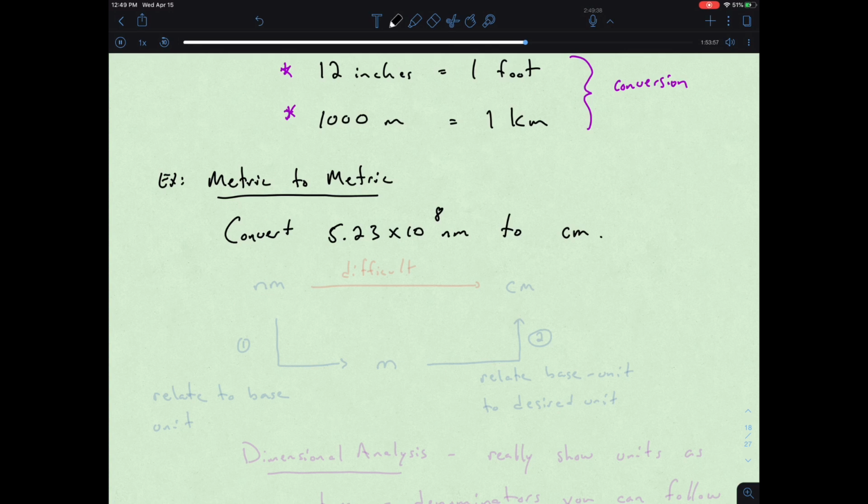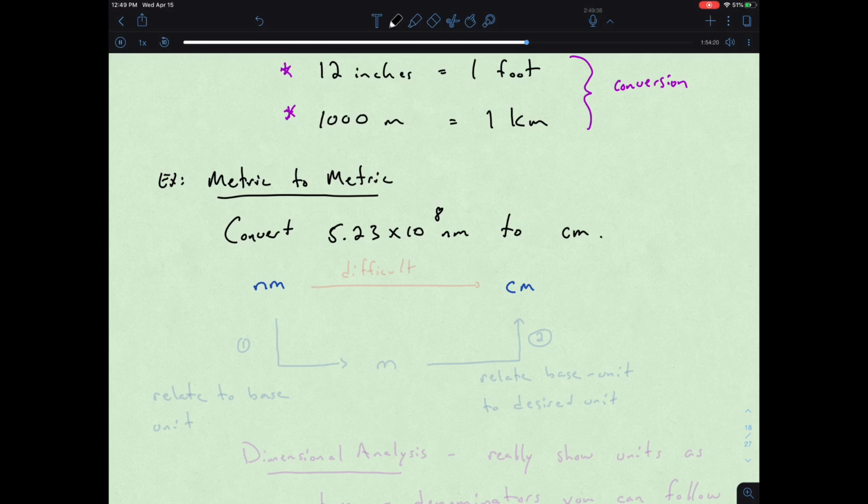So in order to do this process, I like to think about where we want to end up and where we're beginning from. We're trying to finish with centimeters, and we're in terms of nanometers.